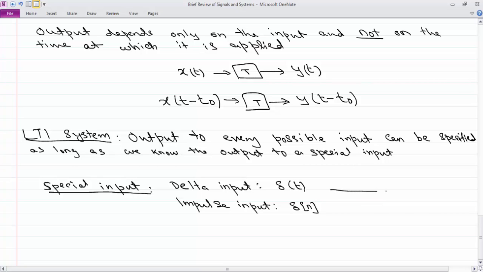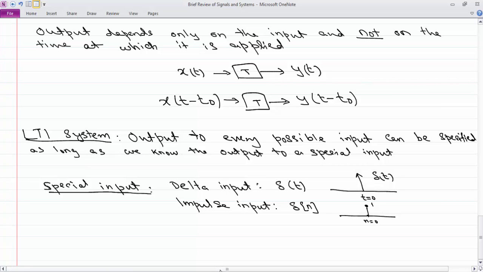So delta t, of course, in continuous time looks like this. This is delta t, which is defined not in terms of its value but in terms of its area: the area under the curve is 1 at t equal to 0, and everywhere else it's 0. Whereas for delta n it's defined as at n equal to 0 it takes the value 1.